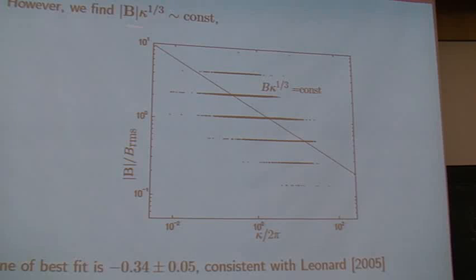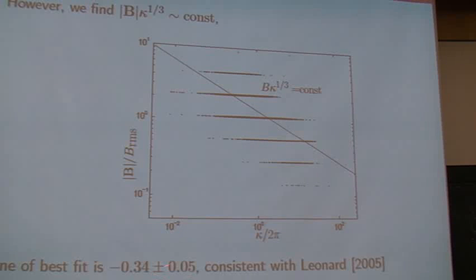But in our simulations, when you scale b and kappa, you find that it goes like b kappa to the third. And this plot looks really bad. First, you've got these jumps because the modulus of b is always 2 to the n. But if you plot little probability density functions on each of these, the fit is actually not as bad as it looks, I'm honest.